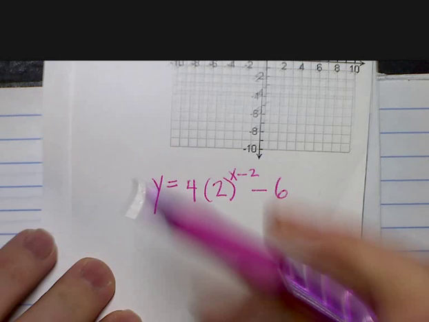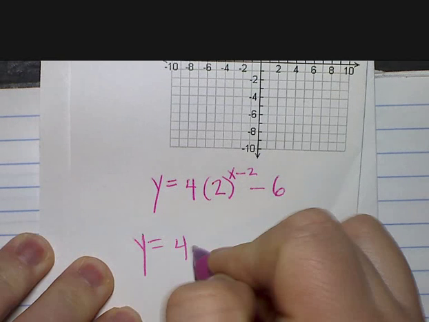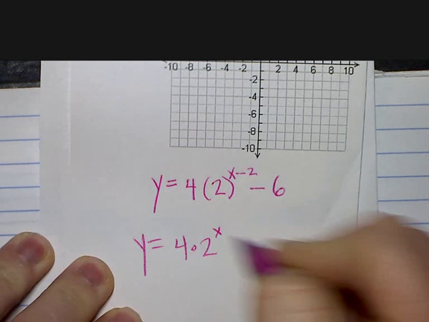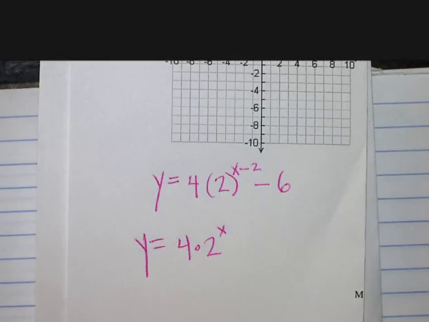Okay, ready? I want everybody to take a piece of paper and give me a general graph of this. You only have to give me 3 points on your graph. Go ahead. One point to the left of the y-intercept and maybe 1 or 2 points to the right of the y-intercept.